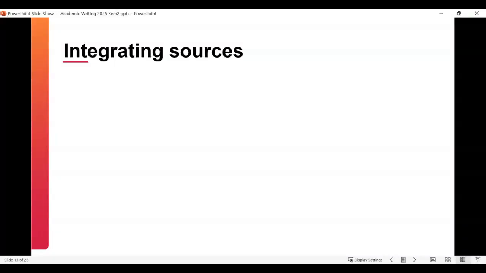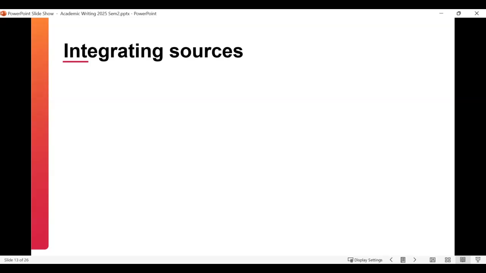So for most assessments, you will be asked to answer a certain question, and of course you need to answer the question. But because you're at university, it's not enough for you to say, I think this, or I believe this, or I think this is the answer. Usually you have to do some reading. You have to read journal articles, books, chapters, whatever you can find.